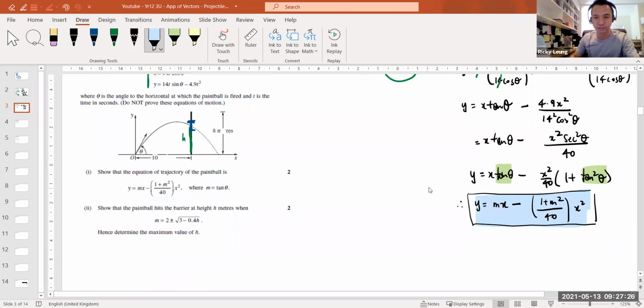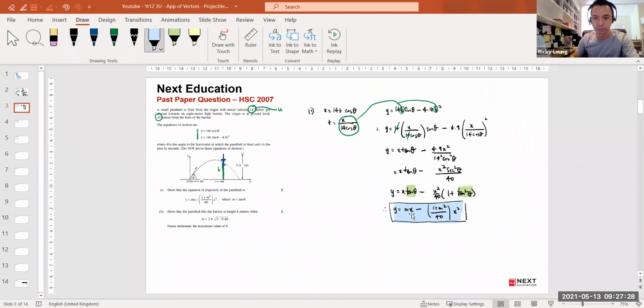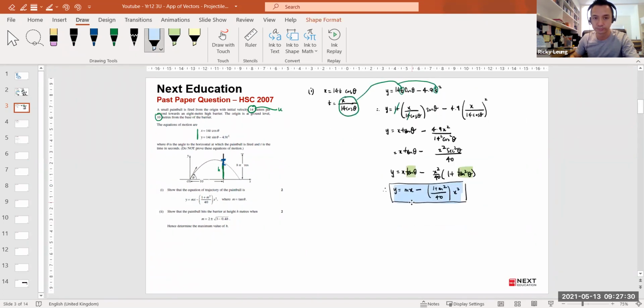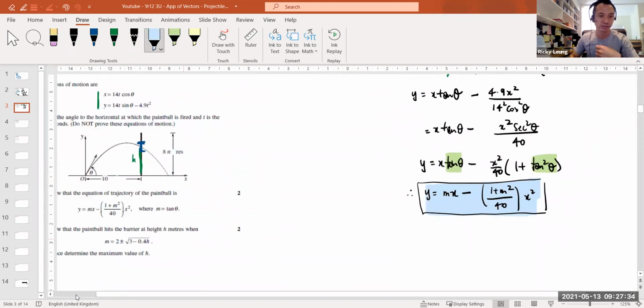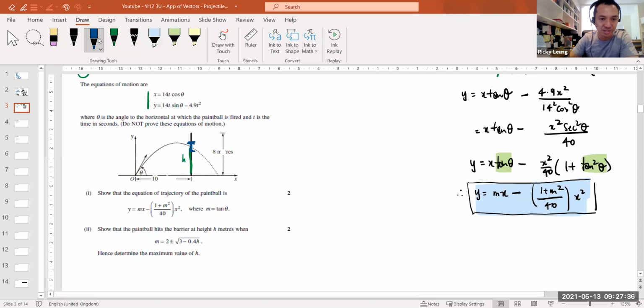Now they want me to solve this quadratic, when they give me some information. In this part, show that the paintball hits a barrier at height h. So I'm subbing in x equals 10. Let me write this down.